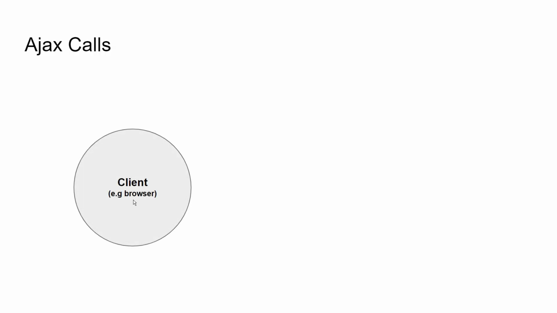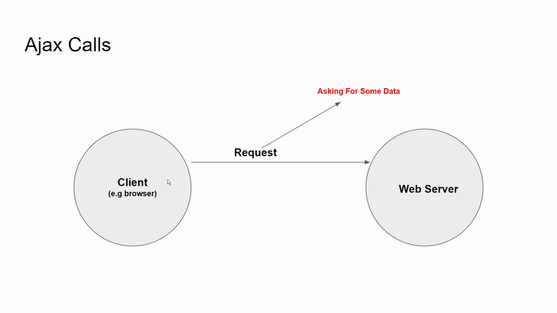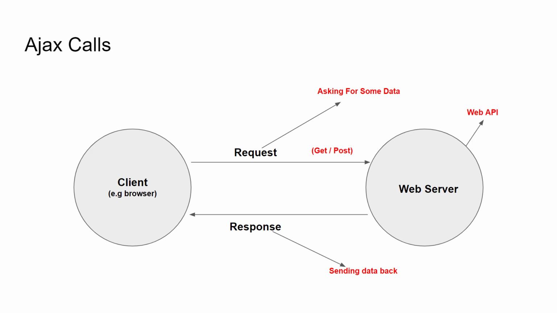This is a client, and when you hit anything inside the browser, the request is sent to the server asking for some data. The server sends a response and displays the data inside my browser. You can use GET and POST methods to send or receive the request.